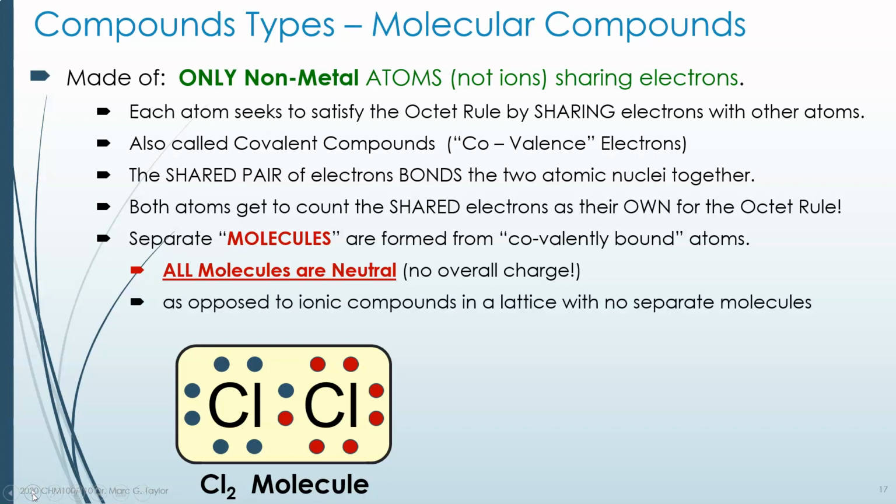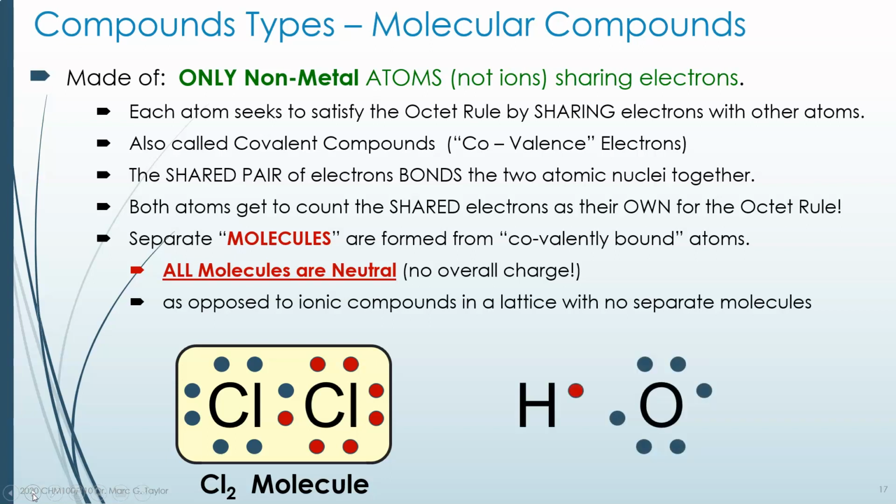This contrasts with ionic compounds, which have formula units with no charge, but the individual pieces do have charges. So each of the atoms in an ionic compound can have actual charges, but there aren't true charges in atoms that are in molecular compounds or covalent compounds.